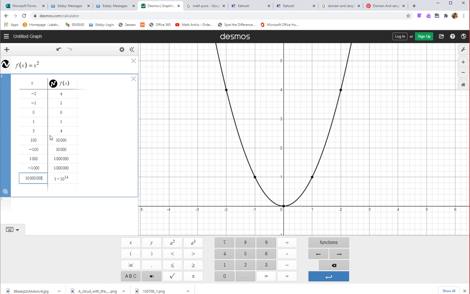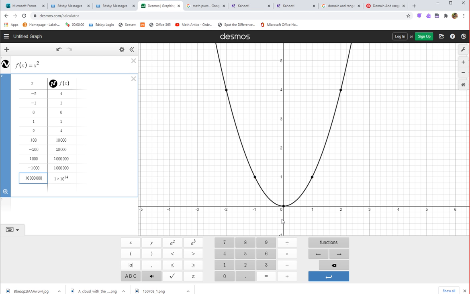But you'll notice my y values in that table where it says f of x, they're always positive. There's no y value that's going to end up being negative, right? Because there's no part of the graph that's below the x-axis. There's no negative y values. You can't actually put in any x value that will give you a negative y value.